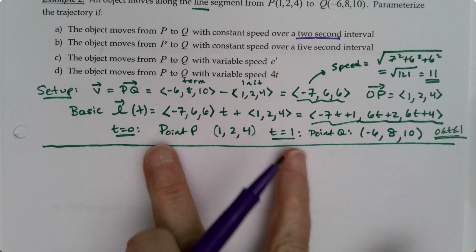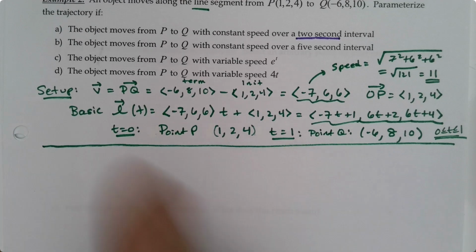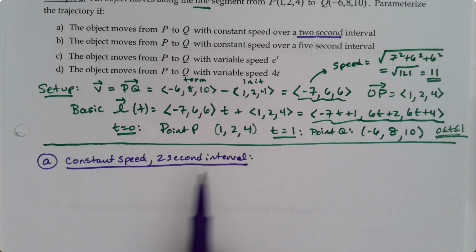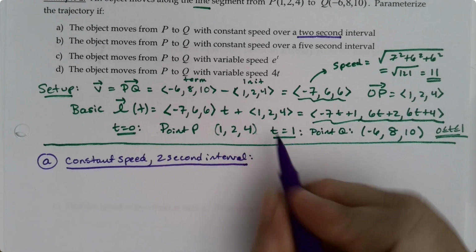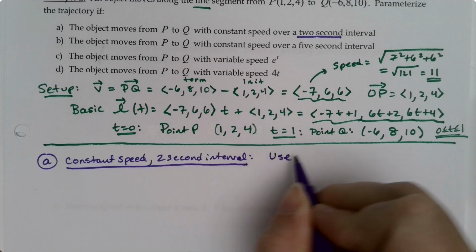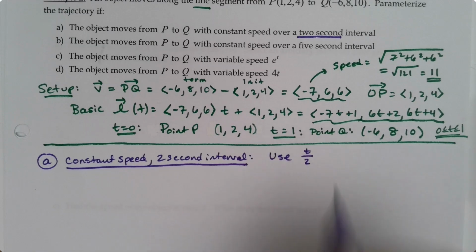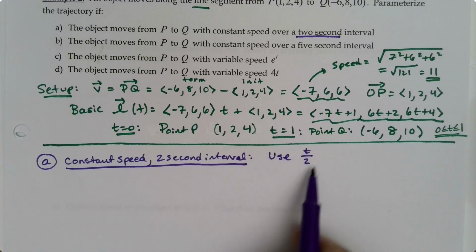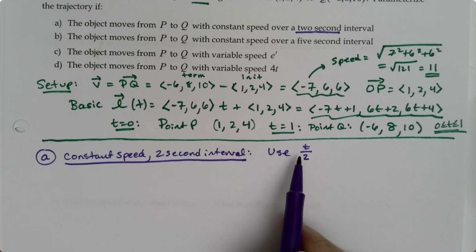Okay, so I want to do this over a 2-second interval. So instead of going from 0 to 1, I want to go from 0 to 2. All right, well, constant speed and a 2-second interval means that we're going to use t divided by 2 in our parameterization. And this will work because I'm cutting the speed, if you will, the velocity, in half when I do this.